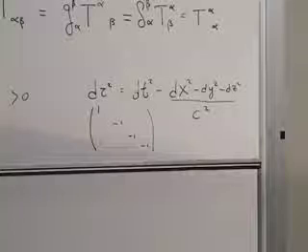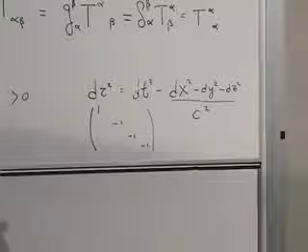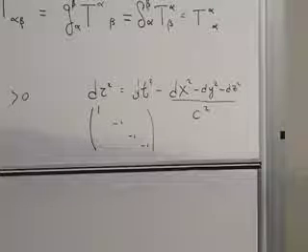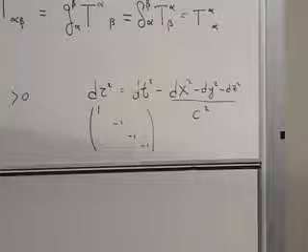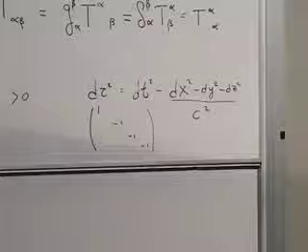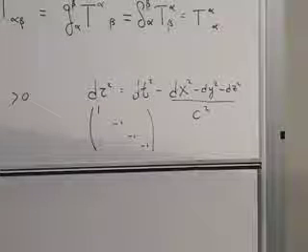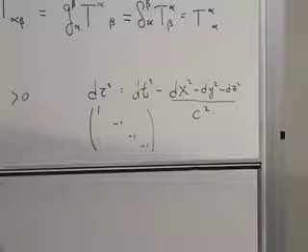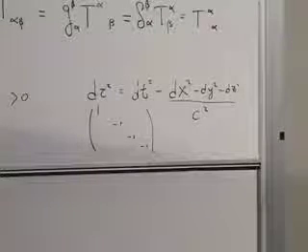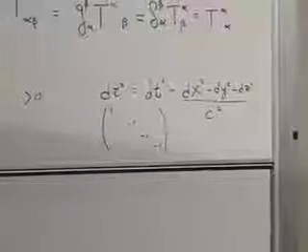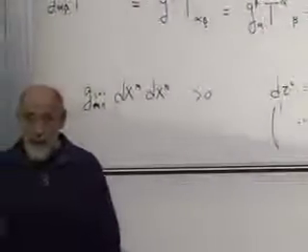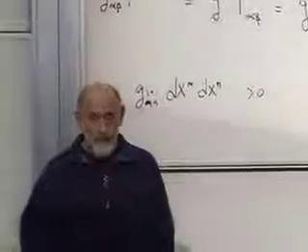How many negative eigenvalues? 3. The 3 negative eigenvalues correspond to the idea that there are 3 space directions, and the 1 positive eigenvalue corresponds to the idea that there's 1 time-like direction. The metric in relativity, general and special, must have 3 space-like directions, which means 3 negative eigenvalues and 1 positive.